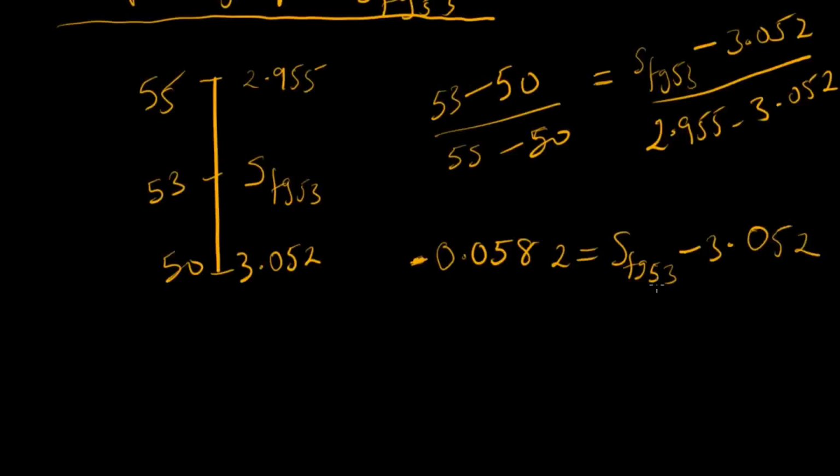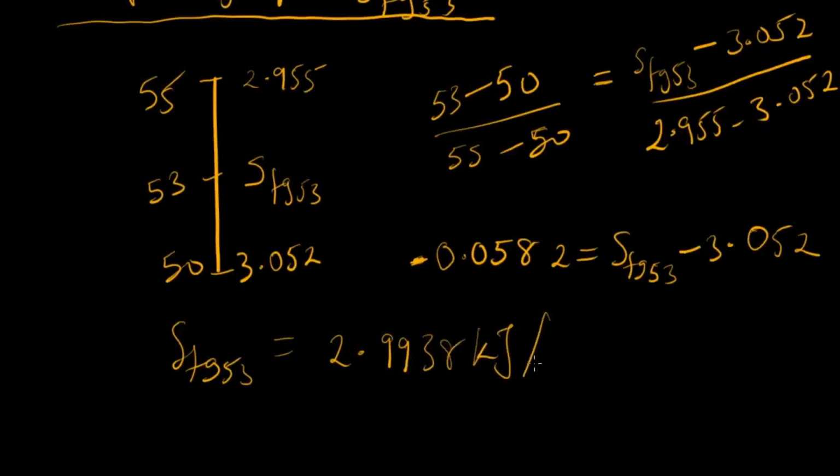So having done this, finally sfg53 will be equal to 2.955 kilojoules per kilogram Kelvin. Now putting it here, you can see that it's higher than 2.955, and at the same time lower than 3.052, so it's in between them.